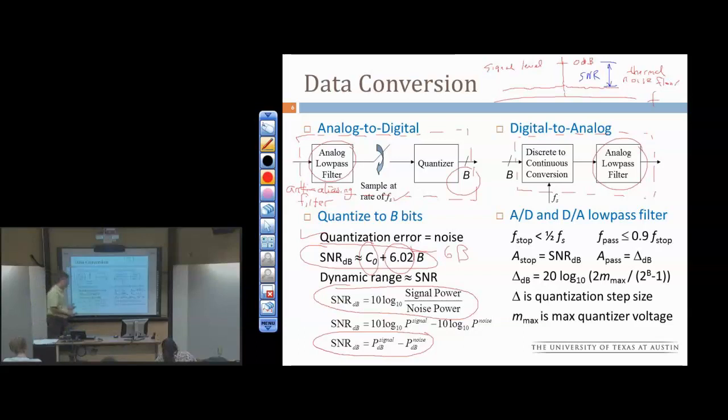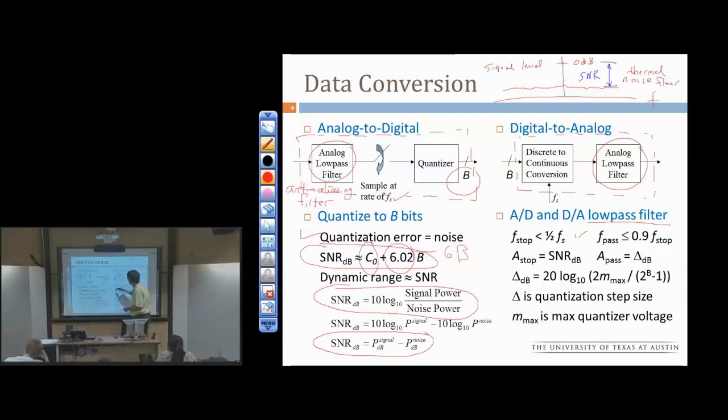Problem is, building this is not so easy. So let's talk about why that is. If I wanted to design the low-pass filter, then I know my stop band frequency has to be less than half the sampling rate. So the maximum frequency of interest, we know that this is just a side effect of the sampling theorem.